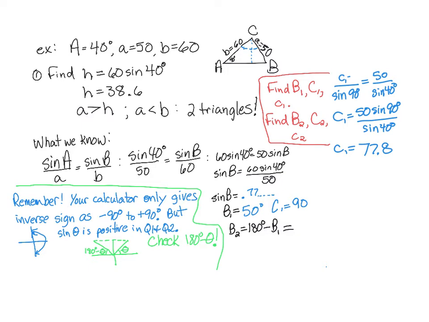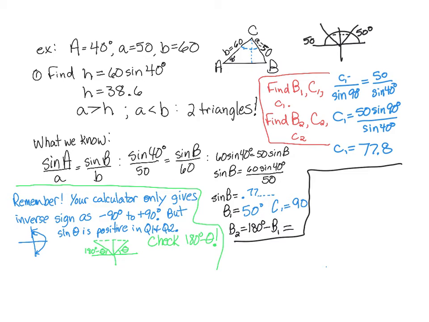How do we get the second answer? Well, let's think about it. The sine is positive at the top. We got our first angle, B1 was 50, right? We have the same sine on the other side, okay?